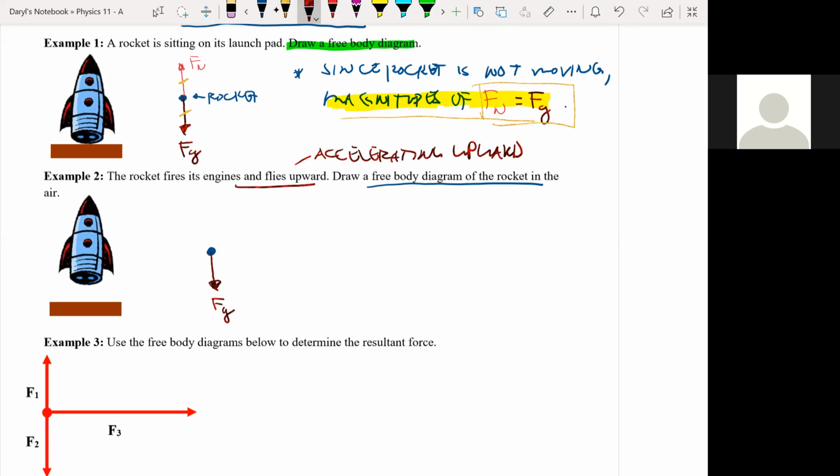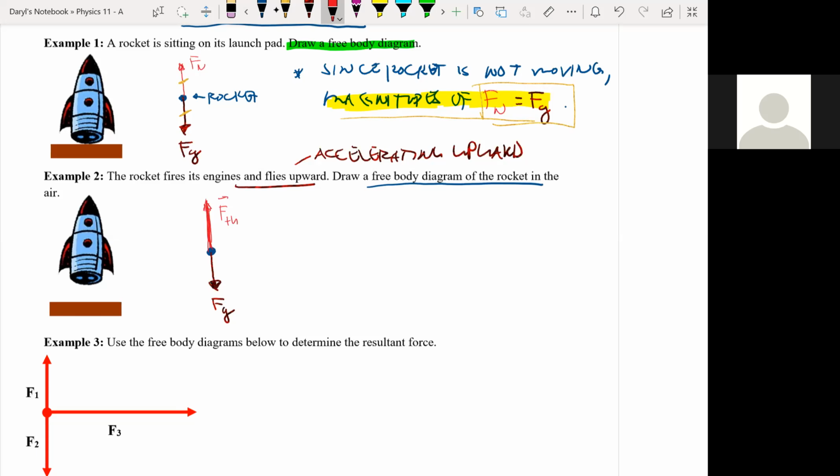And then what makes the rocket fly upward? Well, this is due to the engine of your rocket. So there must be F thrust, or applied force, with that. And if you can see, this is now longer. This should be longer. So this is your F thrust.